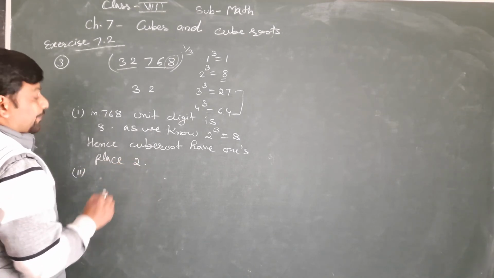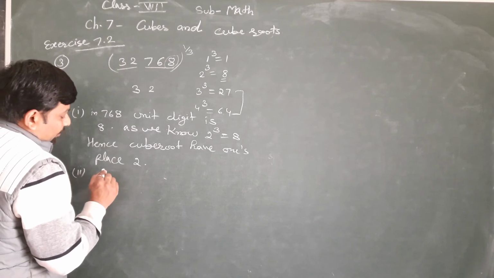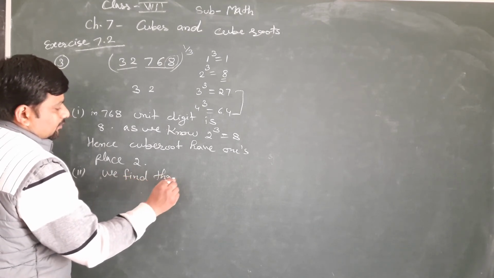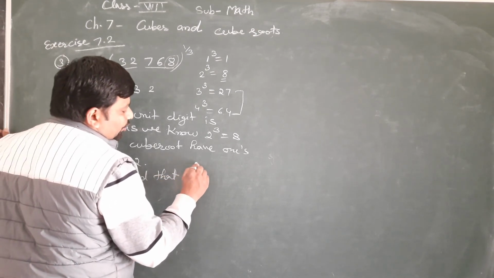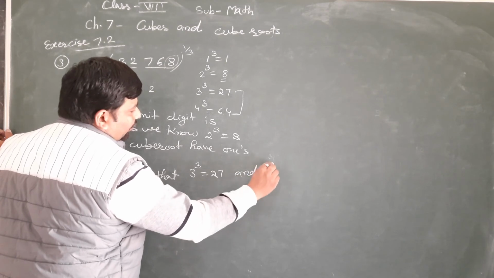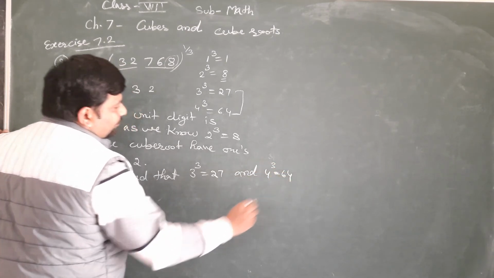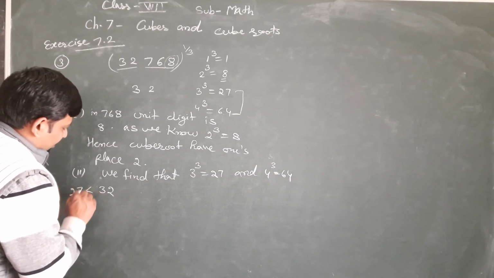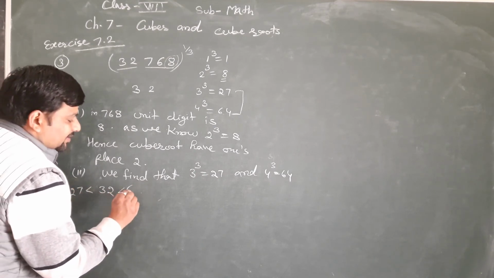Second step, we find that 3 cube equals 27 and 4 cube equals 64. 32 is in between 27 and 64.